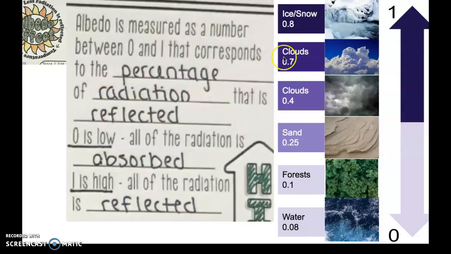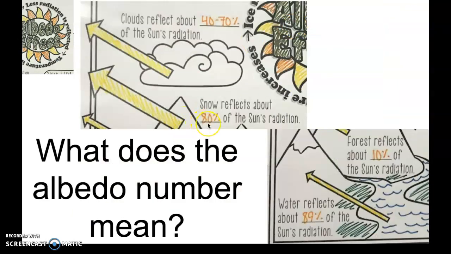We learned that snow has an albedo number of 0.8, meaning that it reflects about 80% of the sun's radiation back out into space. Forests, on the other hand, reflect about 10% of the sun's radiation. The remaining 90% is absorbed into the ground or into the trees, or whatever it is that it's hitting.